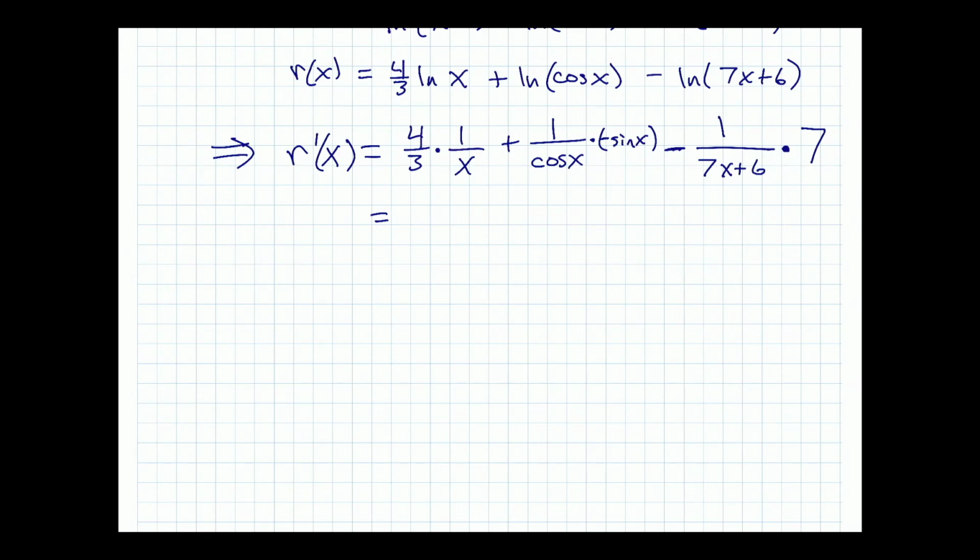So the first one simplifies into 4 over 3x. The second one, it's negative sine over cosine, but sine over cosine is tangent. So I'm going to say tangent there. And on the last one, not a lot you can do, so you just kind of rewrite it.